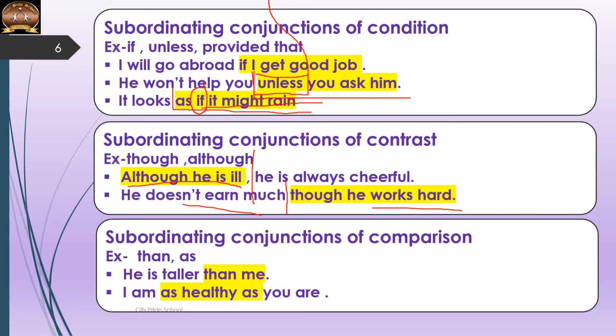He is taller than me. Here it is talking about comparison. I am as healthy as you are. Again, a comparison between two people, right? So as is used to show comparison.